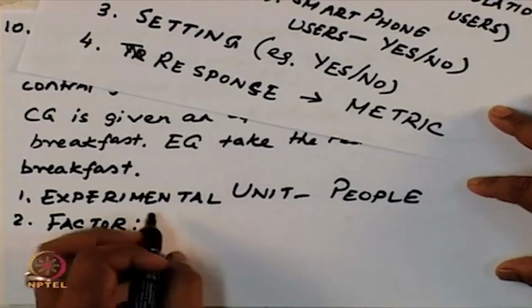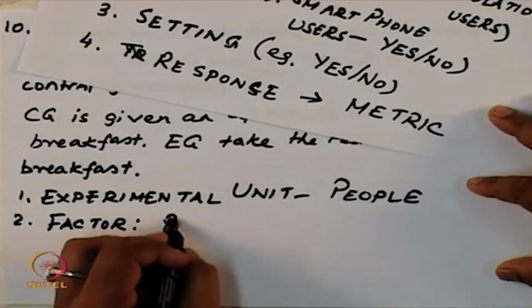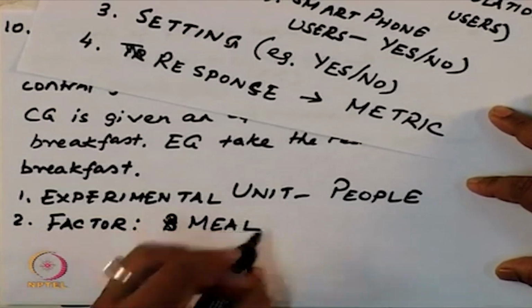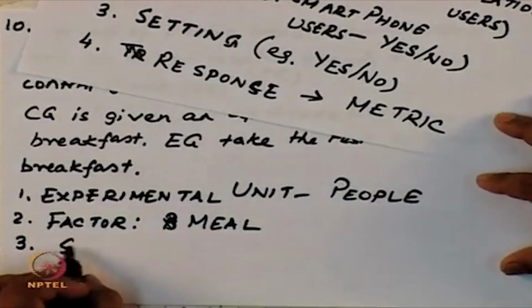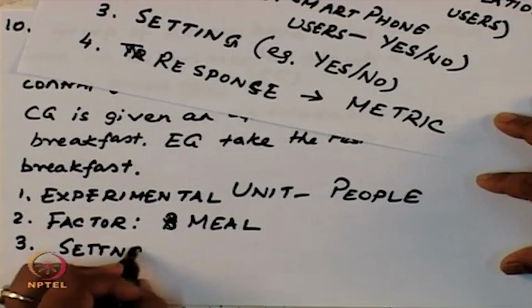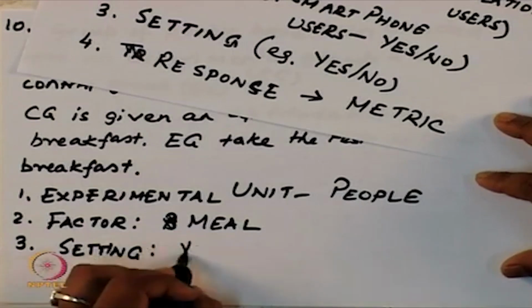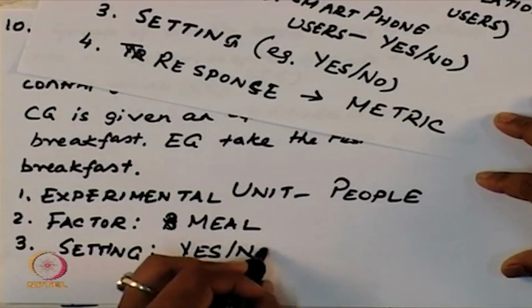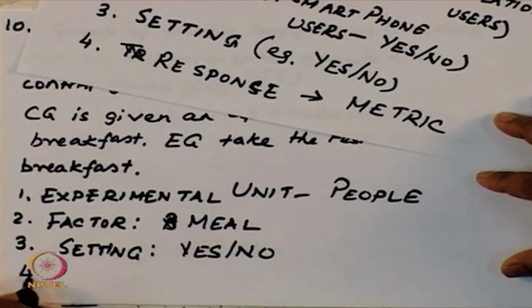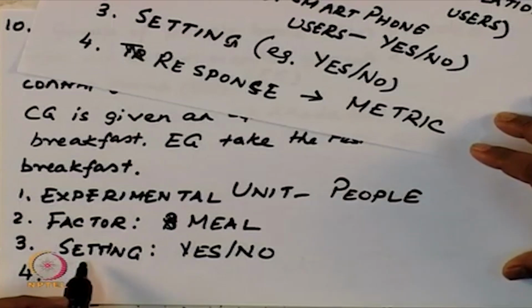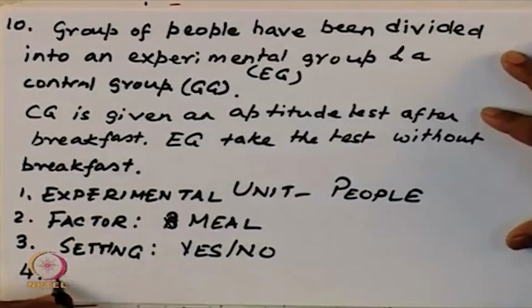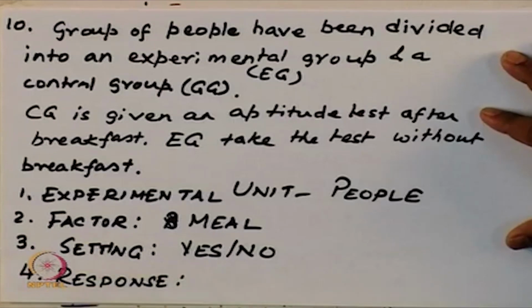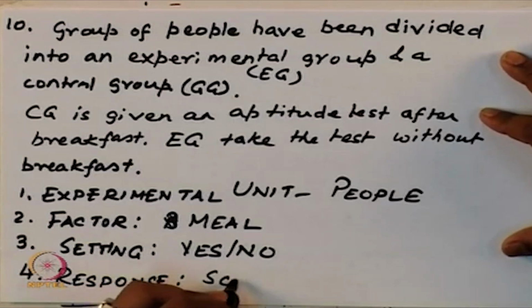The factor is your breakfast or meal, because you want to probe the effect of meal. What is your setting? Whether it is yes or no. So, your treatment or setting is both the same, because the treatment is either they have had the breakfast or they have not had the breakfast. And what is your response? It is your aptitude score.